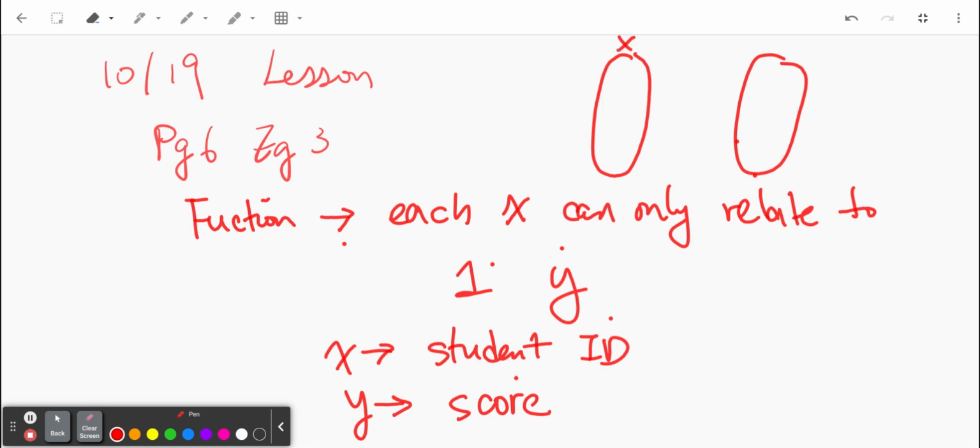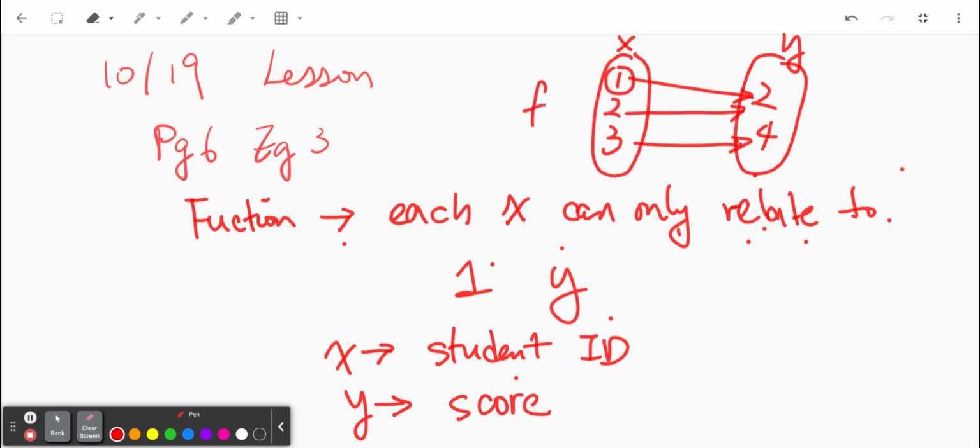So this is x, this is y, right? So we have 1, 2, 3. So we have 2, 4. So if 1 goes to 2, 2 goes to 2, and 3 goes to 4. All right? I'm just using that example. So every single x is only going to one y, right? So 1 goes to 2, 2 going to 2, and 3 going to 4. So it is still a function.